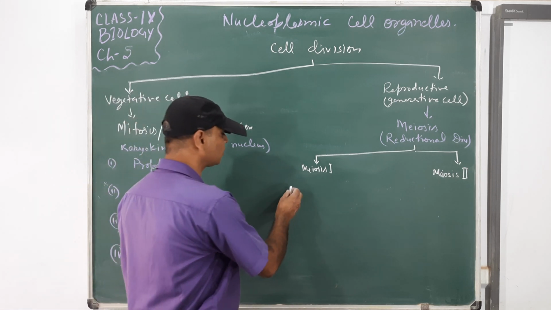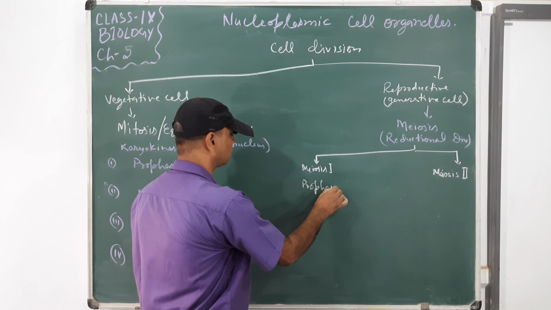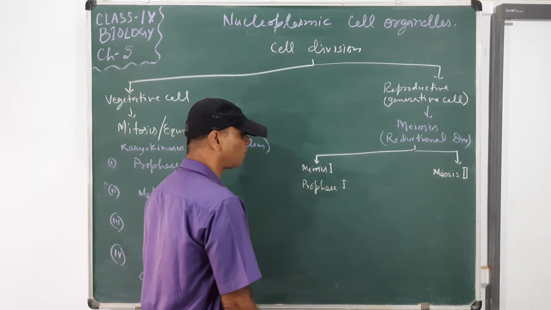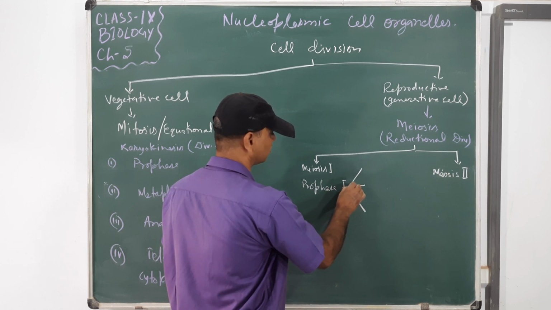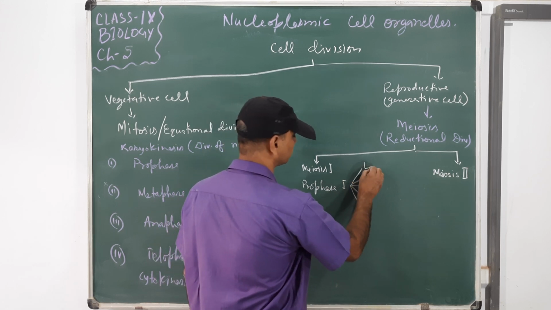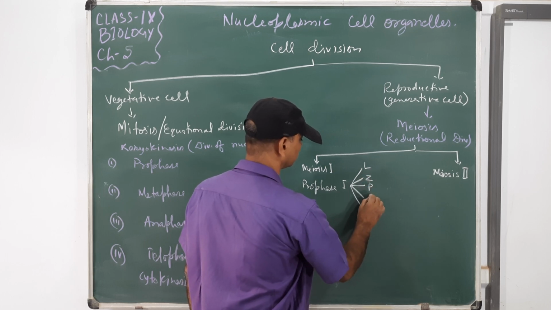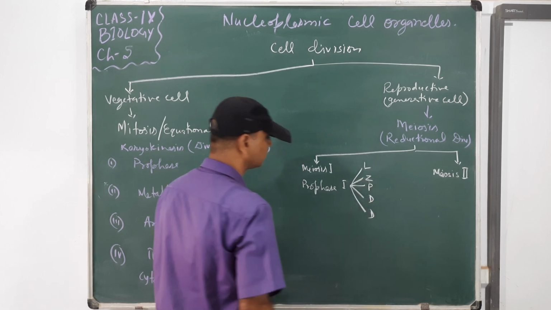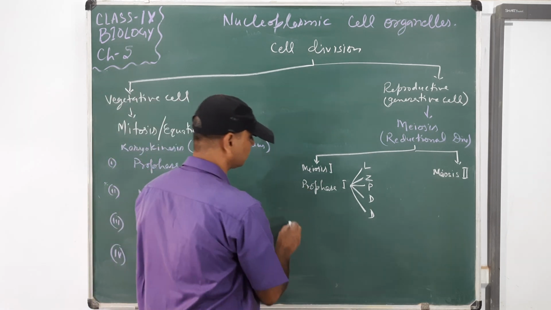So meiosis 1 has prophase 1. This prophase 1 has five stages. This is the simple name of that one, prophase 1.